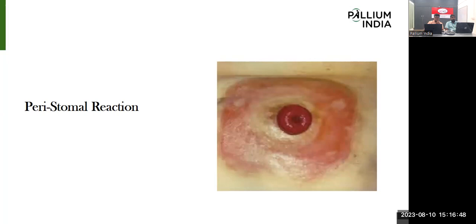If it is continuously in touch with fecal matter, it will cause the peristomal reaction. So to avoid it, we need to give good skin hygiene, or if the reaction is already noticed, we also need to manage it.